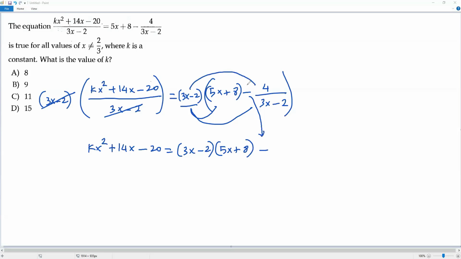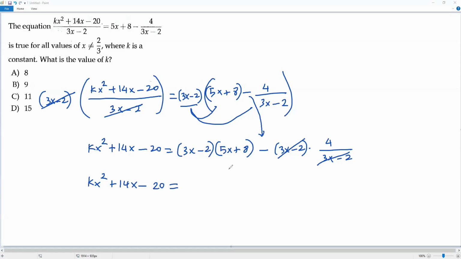When I distribute 3x − 2 to 4 over 3x − 2, the 3x − 2 will cancel out. Okay, here kx² + 14x − 20.